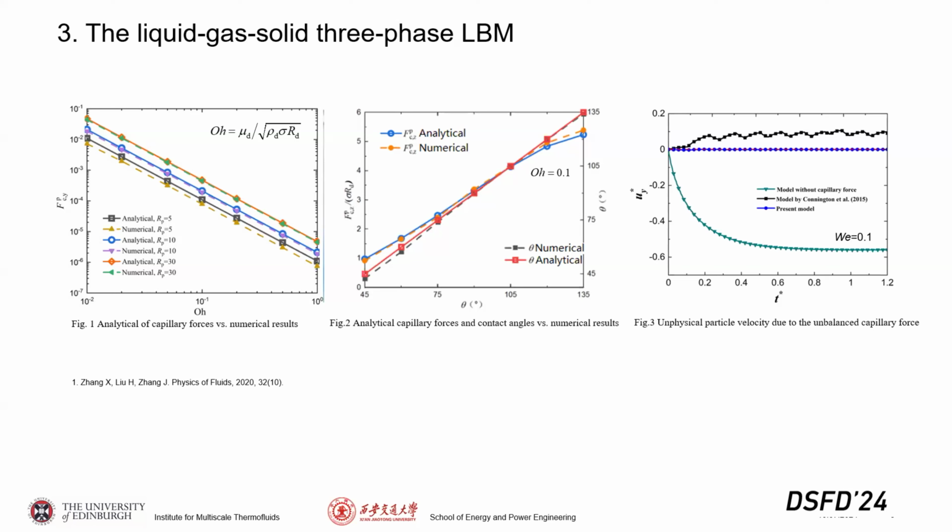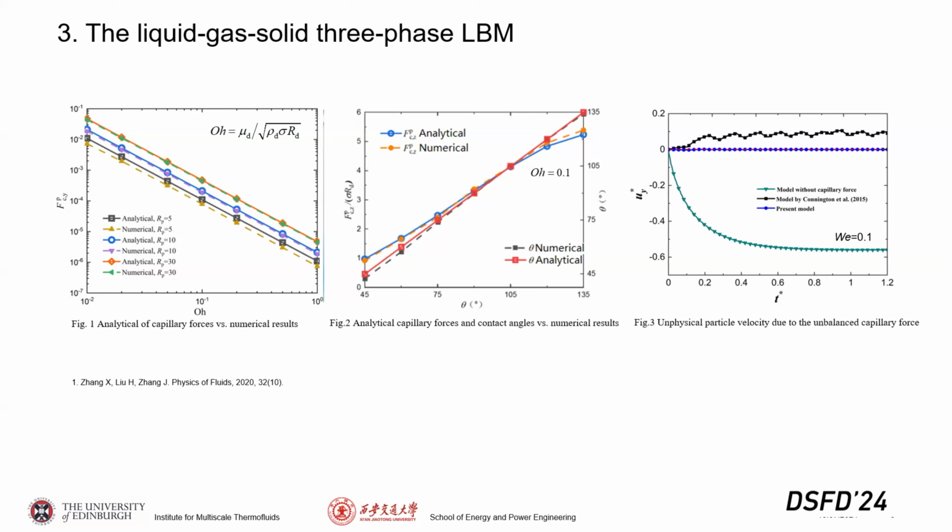The third one is about the unphysical velocity. As I mentioned, if the capillary force is not captured accurately, then the particle will move with unphysical velocity. The green line represents the case where we ignored the capillary force model, and the particle moves with a large unphysical velocity. We also compared with the results from the model by Connaughton in 1915, and there is also an obvious unphysical velocity.